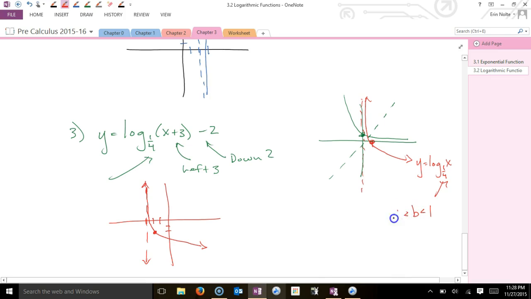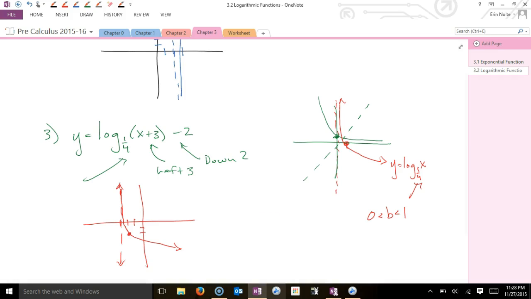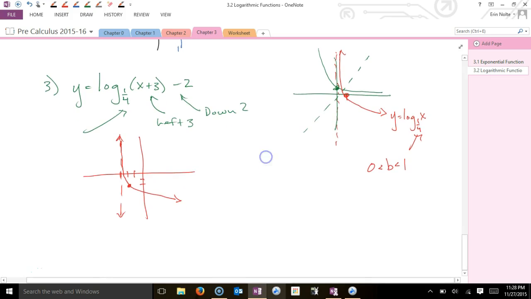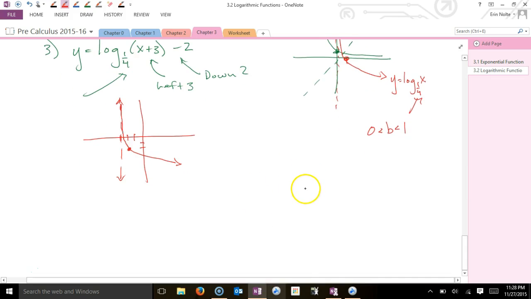Oh, can you ever have a negative base? That's a good question. Is it possible to have a negative base? No. You just can't have a negative base. The function never exists on the left side. So you can never have a negative base. That's like negative x or like negative 4x. Yeah, you can't have a negative base because, let me think, how can I explain this?